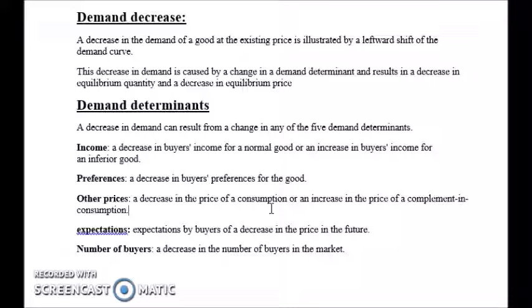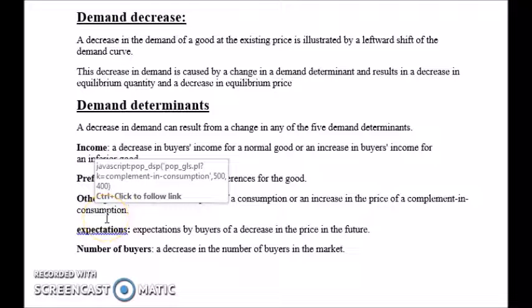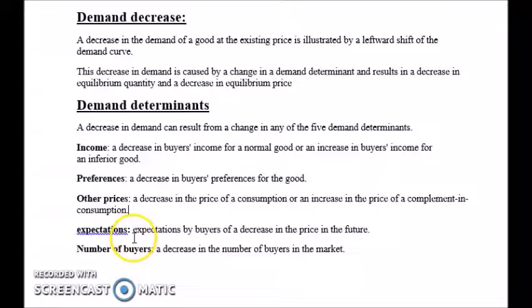Our demand determinants comprise income, preference, other prices, take note that it's other prices and not price, expectations, and the number of buyers.